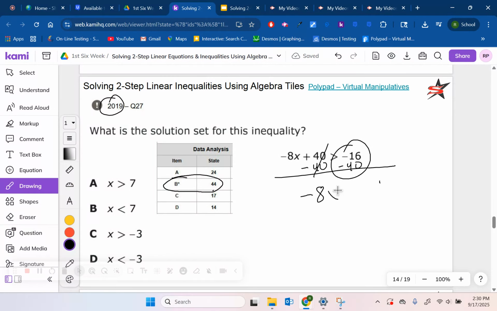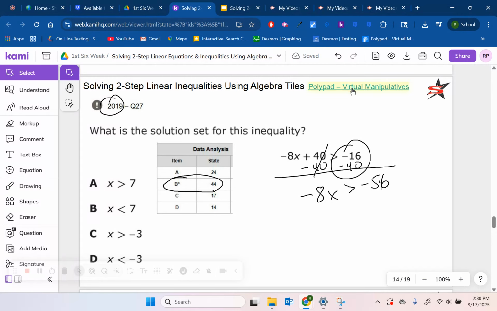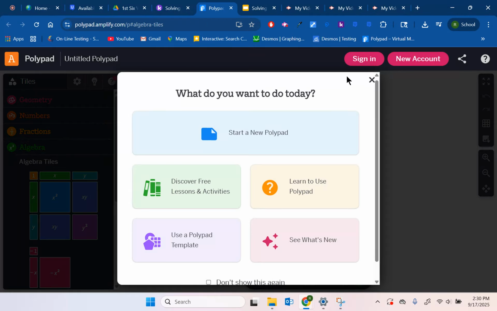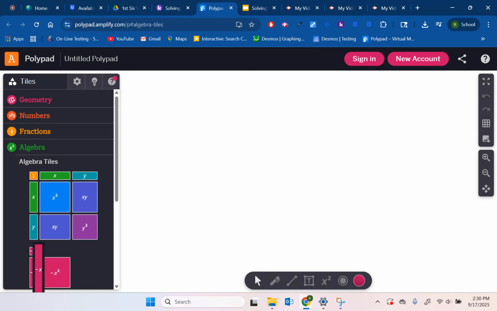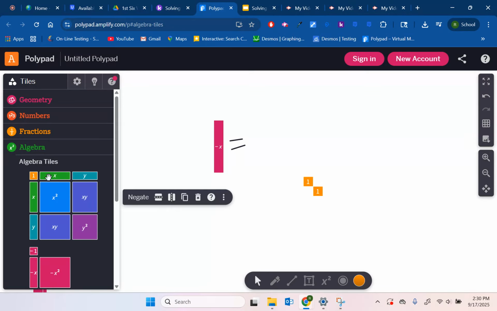So we get negative 8x greater than negative 56. They're both negative, right? So if you can visualize it over here with the tiles, I'm just going to use a real quick representation. If I have a negative x equal to 2, what do I do?